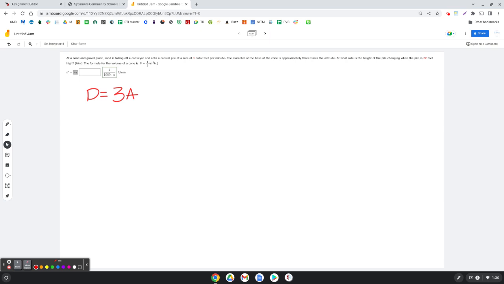And then separately, volume is 1/3 pi r squared h. Now, we want to find dh/dt. Sorry, these h's are the same. I didn't mean to capitalize that. When h is 22.